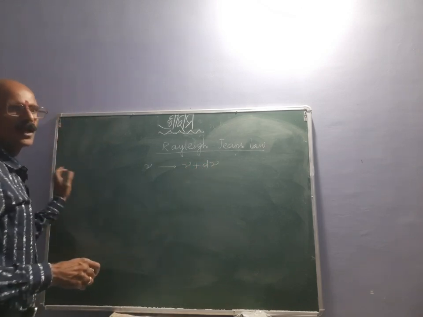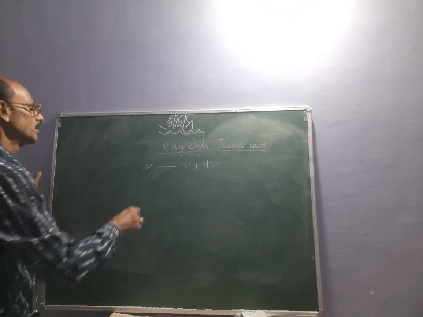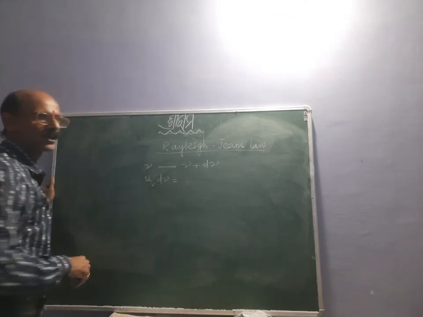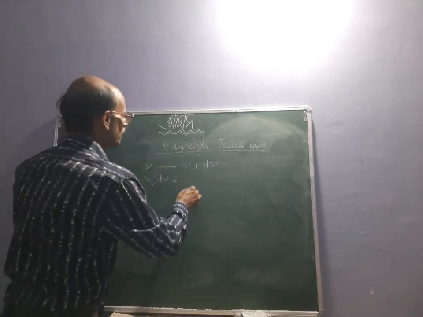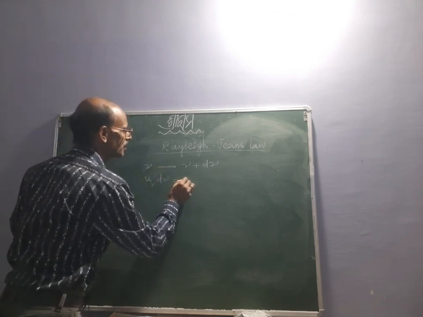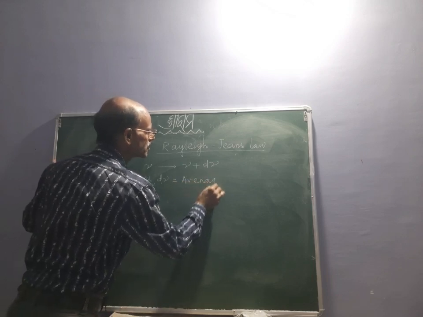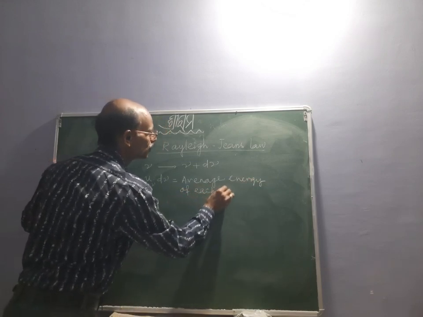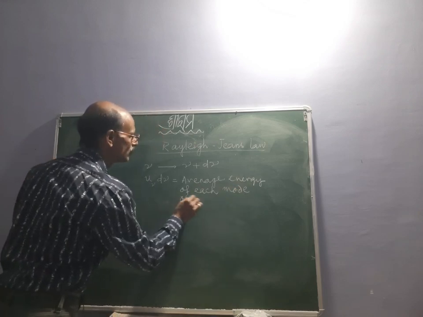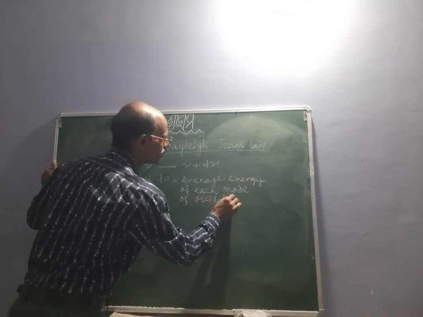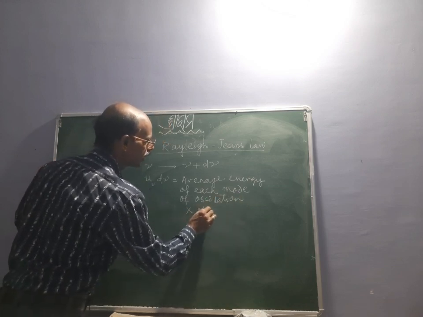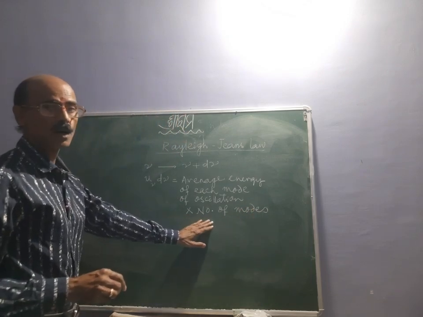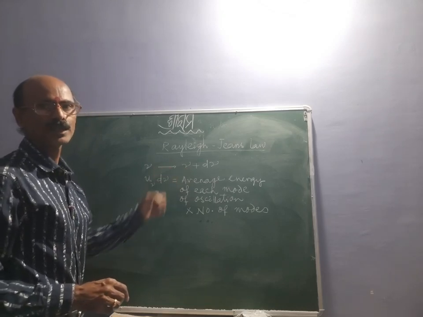Within this frequency range, the energy density, energy per unit volume, u nu d nu, will be equal to the average energy of each mode of oscillation or each mode of vibration, into the number of modes of vibration within the range nu to nu plus d nu.